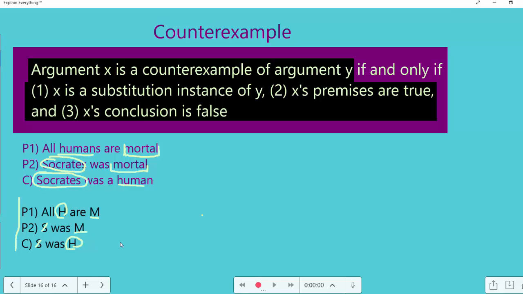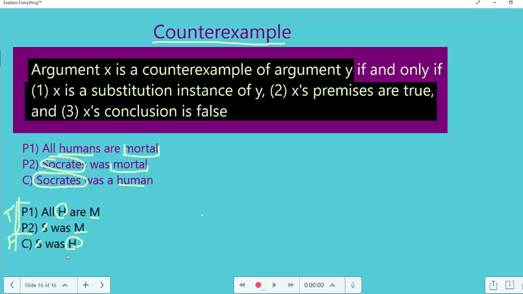So now we need to make a substitution instance in which we end up with true premises. So we need to make these true, but a false conclusion. So we need to make the conclusion false. And if we do that, then we'll have satisfied this definition, which means we'll have a counterexample, which means we'll have proven this argument to be an invalid argument.